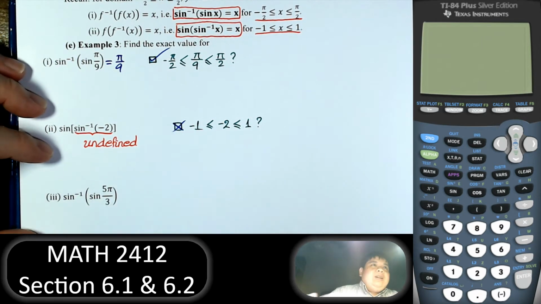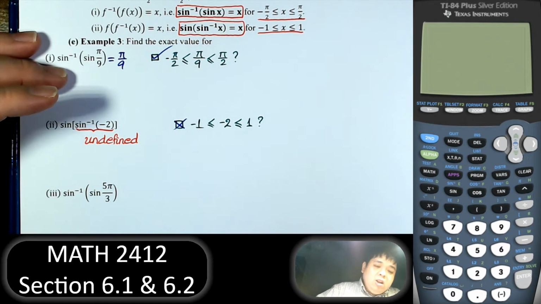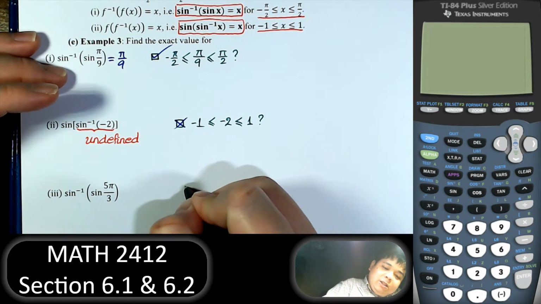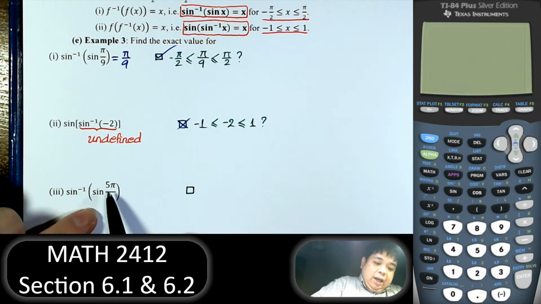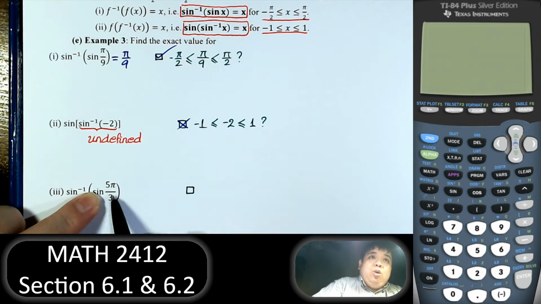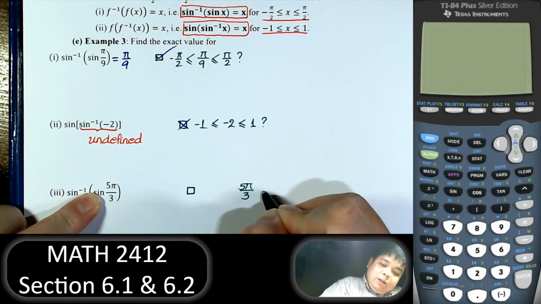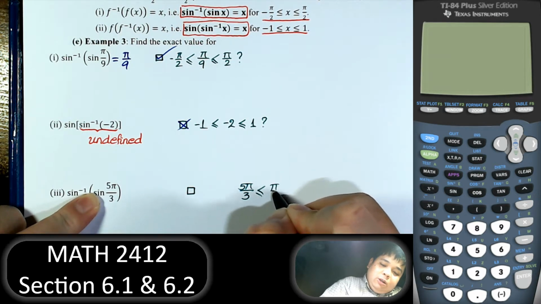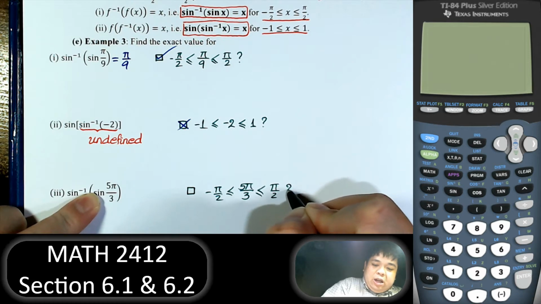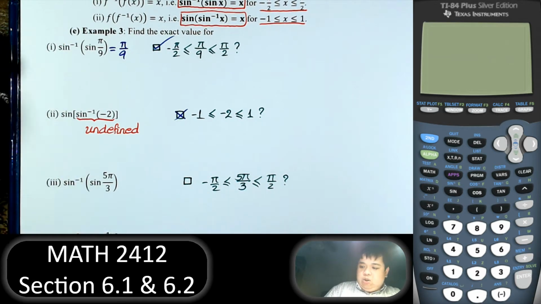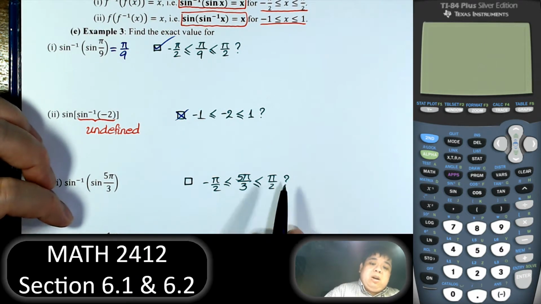Right. The next one is more interesting. First, let's check. Is 5 pi/3 between negative pi/2 and pi/2? That is the question. And the answer to that is, of course, no. 5 pi/3 is bigger than pi, therefore bigger than pi/2.